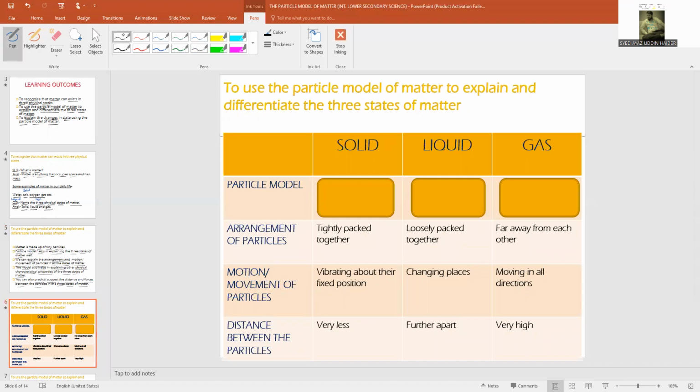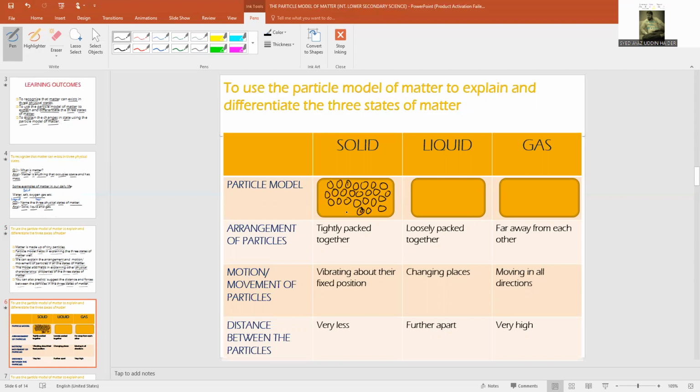So if you want to draw the particle model of the three states of matter, it would be like this. For solid, the particles will be very close to each other like this. In case of liquid, the particles are loosely packed.